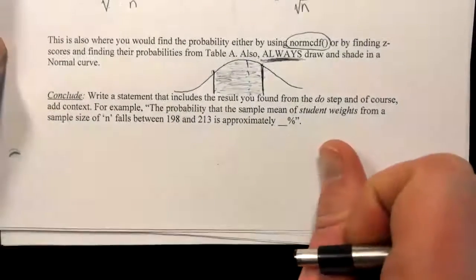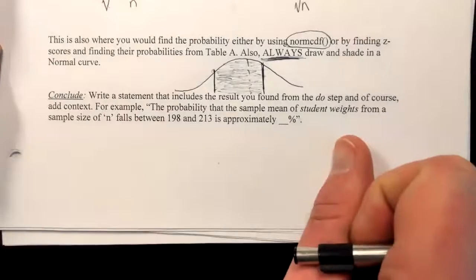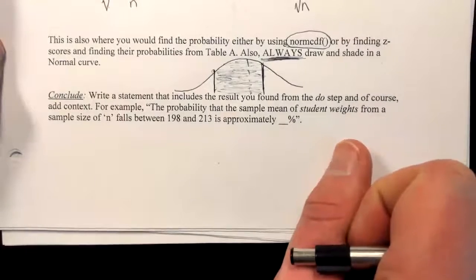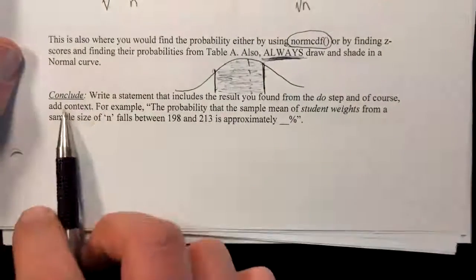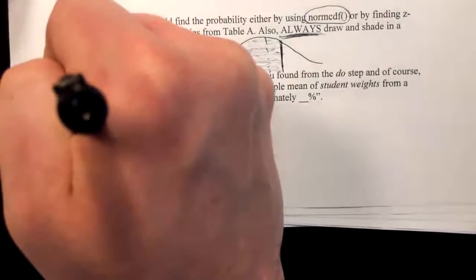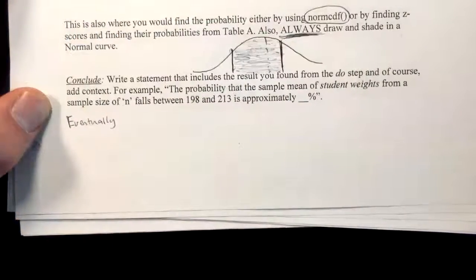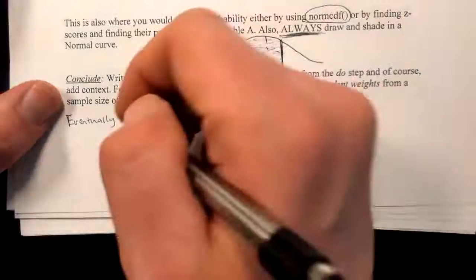Don't skip the conclude step. It might seem really mundane at this point, because we really are just finding a probability. But eventually, this is for the next unit and the unit after that, to wrap up the entire AP Statistics course.